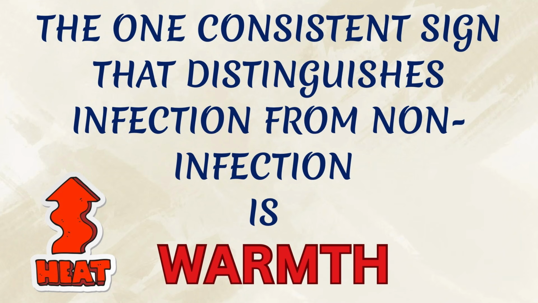I'm talking about heat. So when you gently place your hand over the skin and feel that deep radiating heat, that's the clue that your body is fighting bacteria underneath. This warmth happens because blood vessels expand, immune cells flood the area, and the local temperature rises. It's your immune system creating a mini fever in one spot.